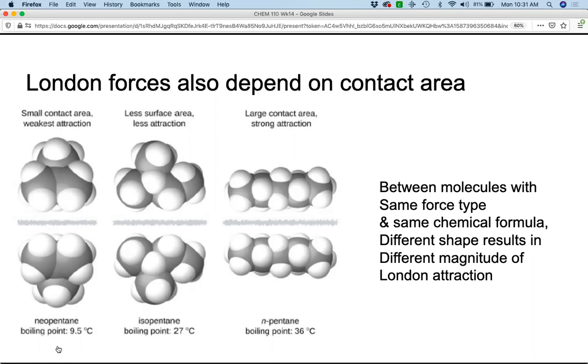And so here I have neopentane, isopentane, and N-pentane. And so you're going to learn about this in Chem 111, but pentane means 5 carbons, and you can actually see the 5 carbons because they're the gray atoms in the molecules. And then the hydrogens that are bonded to those carbons are the white.